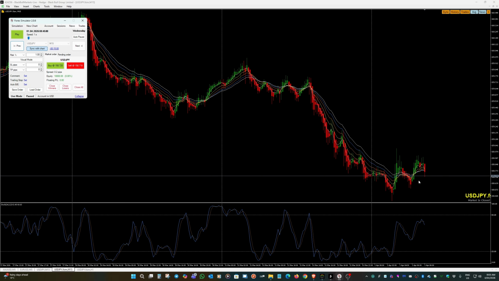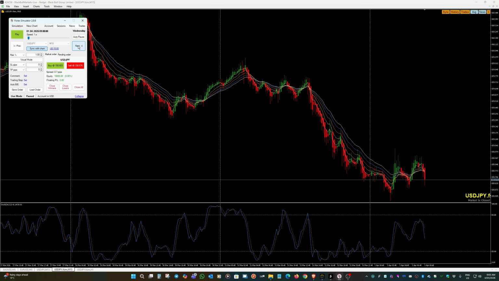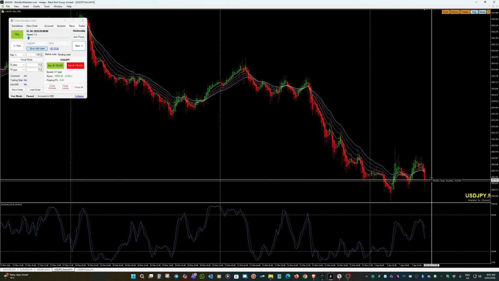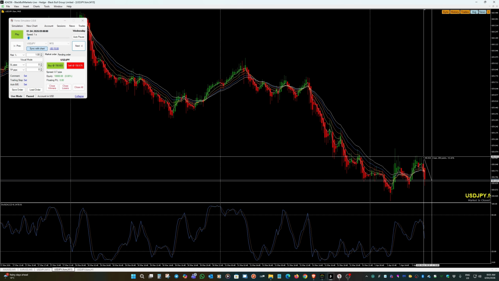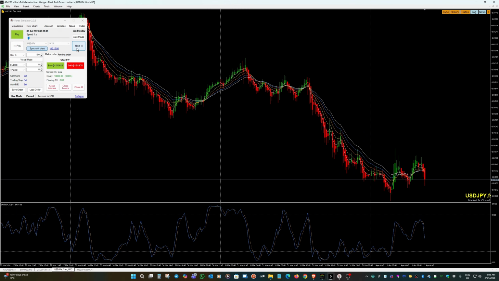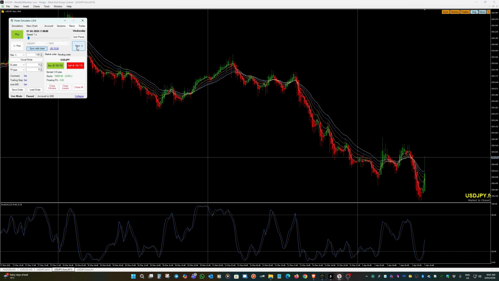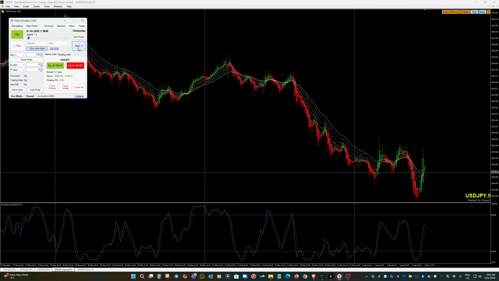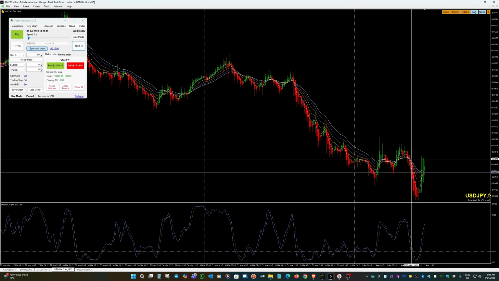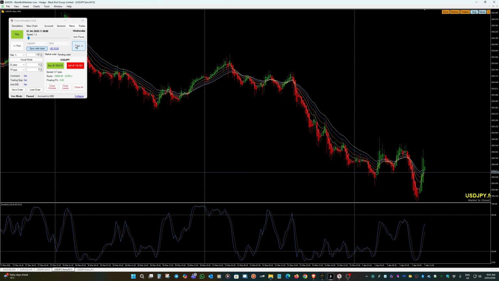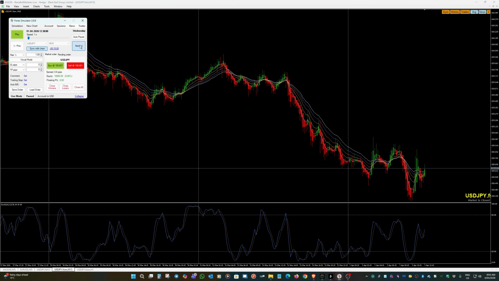We did have a pullback to the moving averages. It's actually a double top, and our entry would be about 25 pips. And yes, that would have hit our take profit of 1.5R.